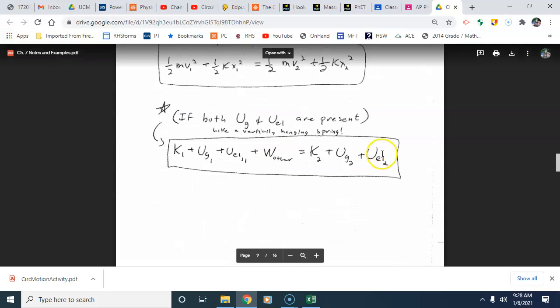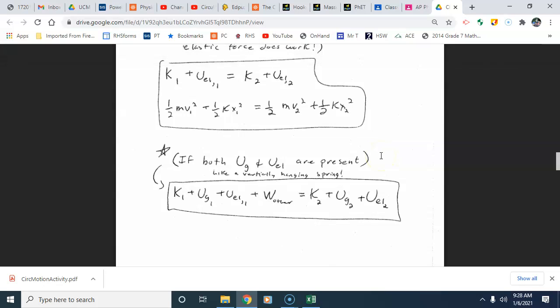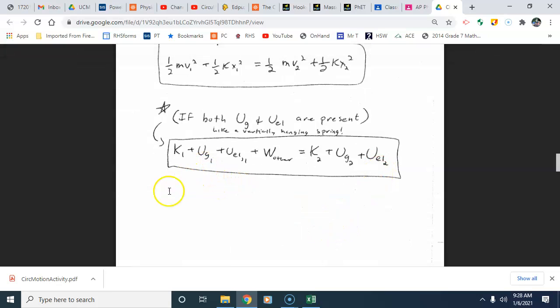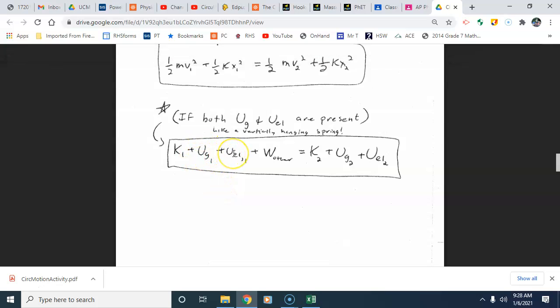But if necessary, I could write a really big conservation of energy equation. Maybe we have a vertical setup with a spring. And if we have a vertical setup, then there's the possibility that gravitational potential energy is involved, right? Because maybe we have a problem where something falls on a spring or something like that.